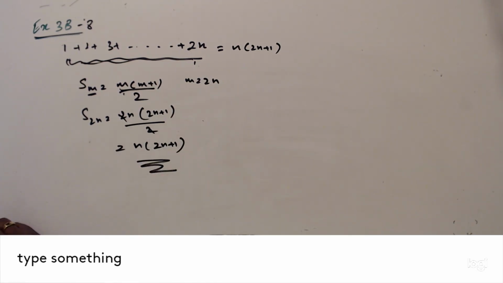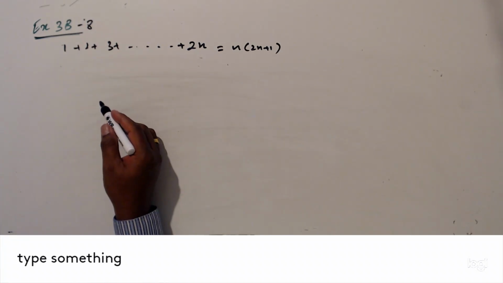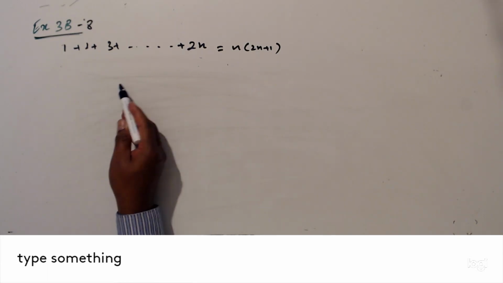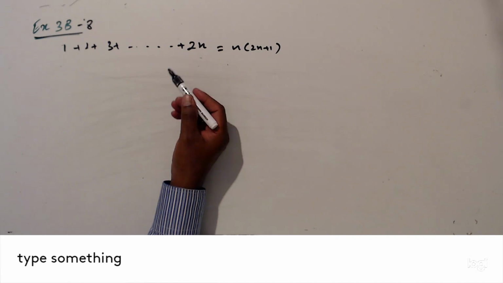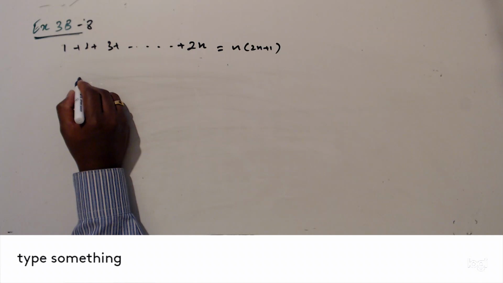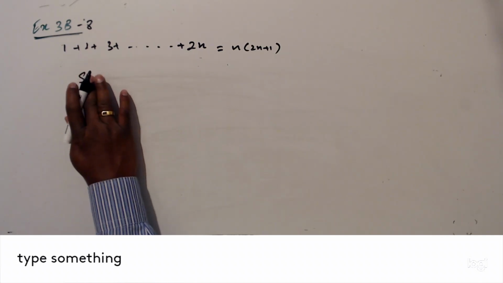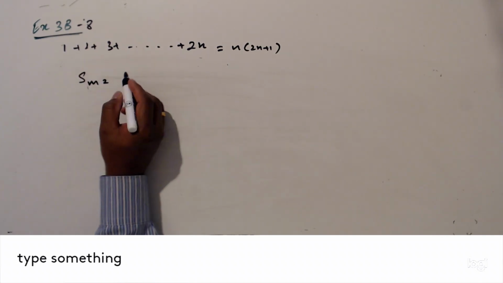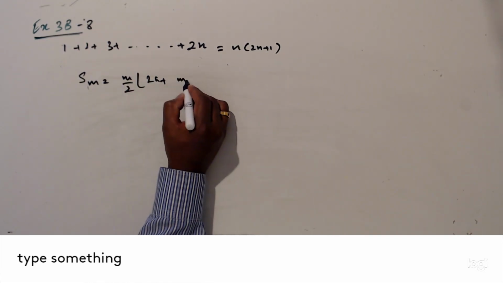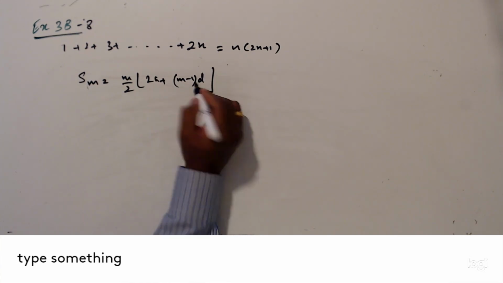Now we'll work differently on this one, with the first initial equation. Why did I use m in the previous formula? Because they are referring to n here. So likewise, for the partial sum formula, instead of Sn, I am going to write Sm equals m divided by 2 times 2a plus m minus 1 times d.